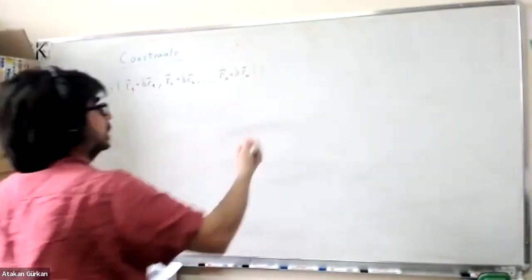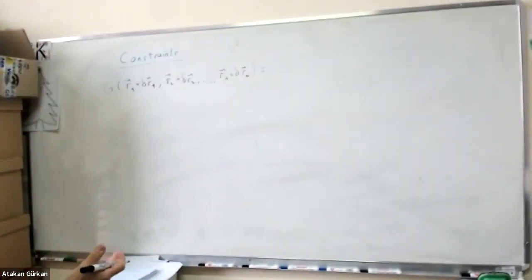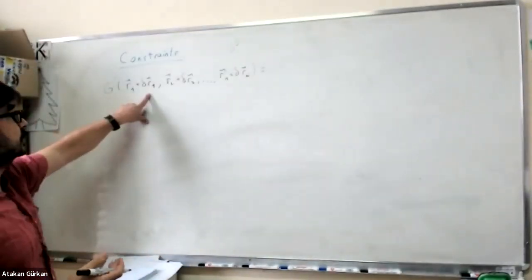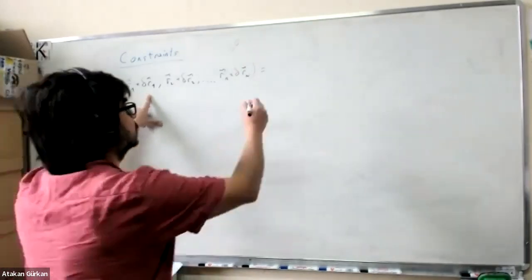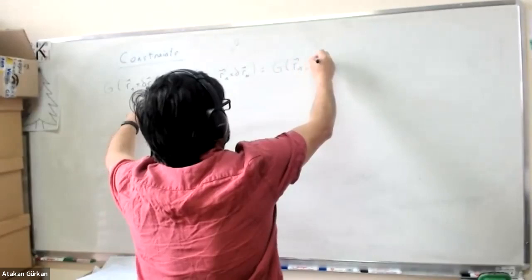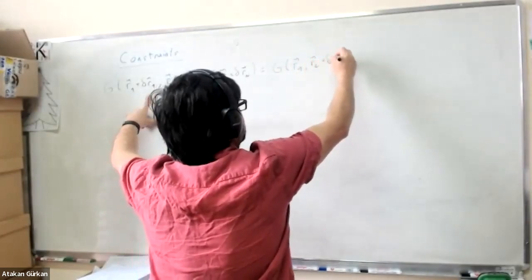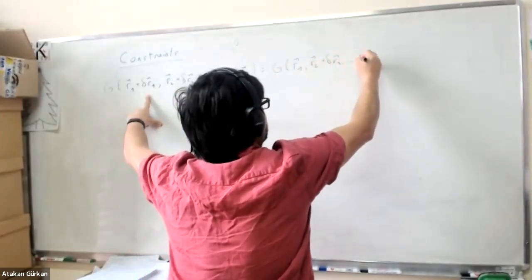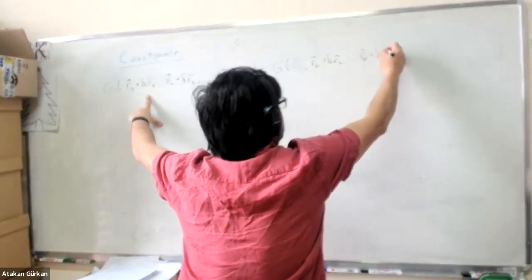But this is also equal to some Taylor expansion. Now, how do you Taylor expand this? Let's start with this one. I'm going to write this as G(R1, R2 plus delta R2, Rn plus delta Rn).